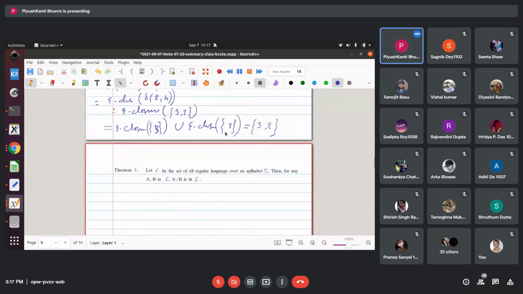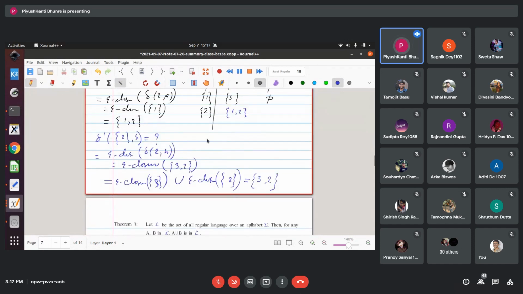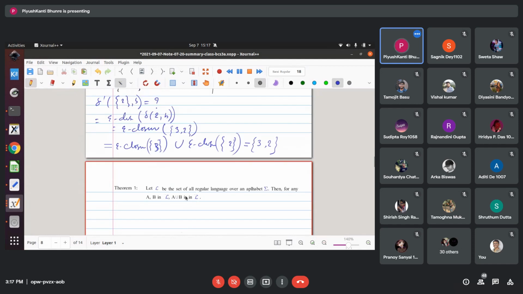Fine. Okay. So that means there may be some discrepancy with my notes. There is some mistake there. So this one is all right. So you put it like this. So 3, 2. Okay. 1, 2, 2, 3, 2. Okay. 3, 2.